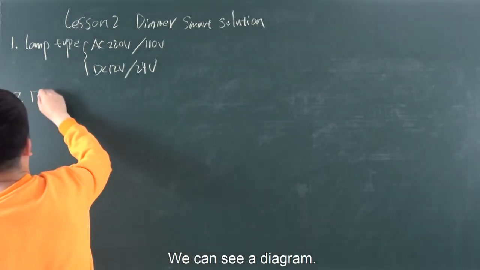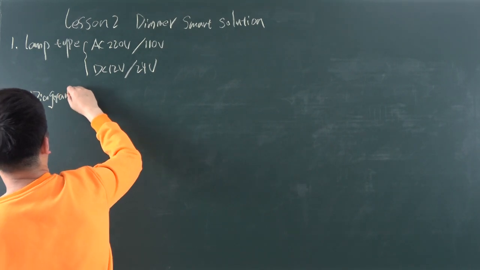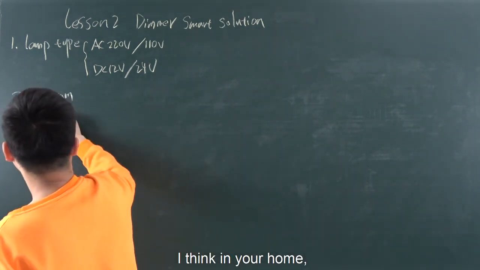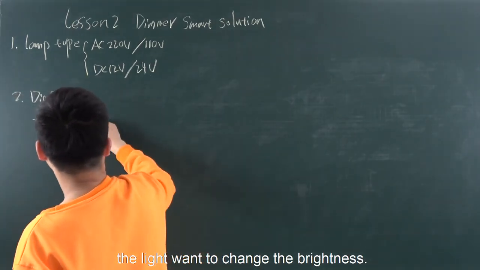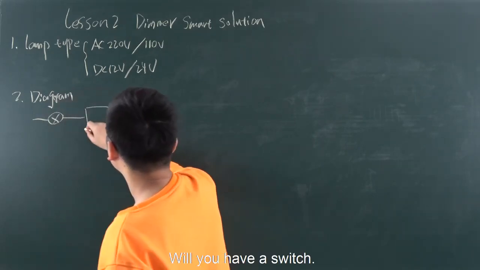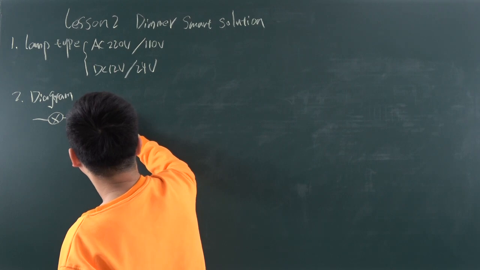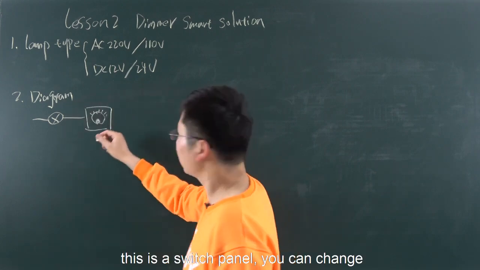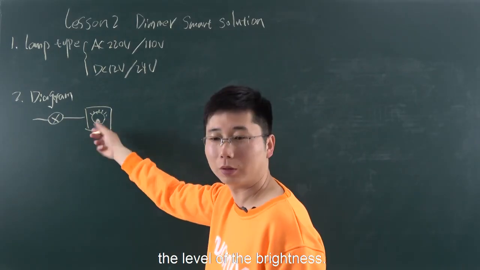Now we can see a diagram. In your home, if you want to change the brightness of the light, there will be a switch. This is a switch panel. You can change the brightness of the light.